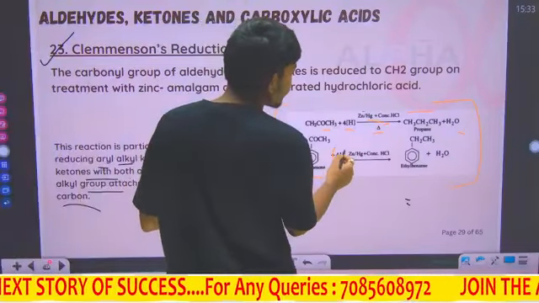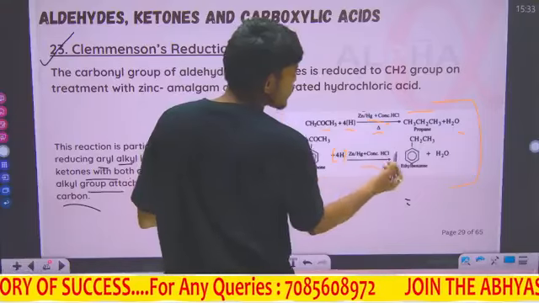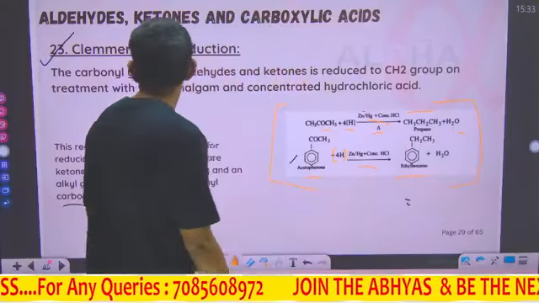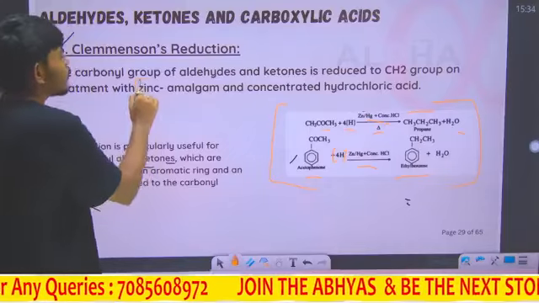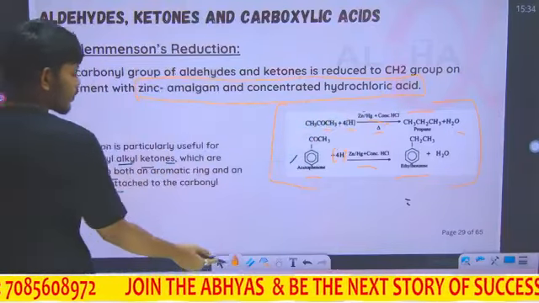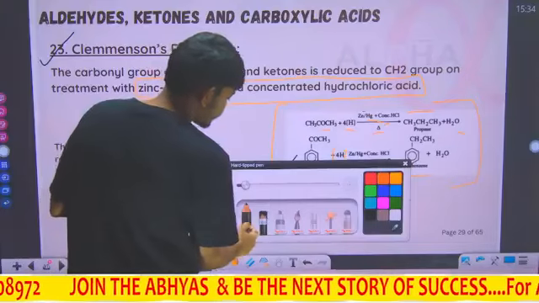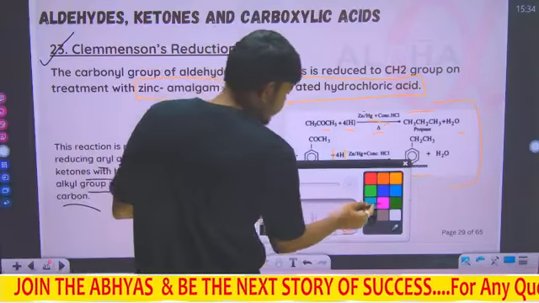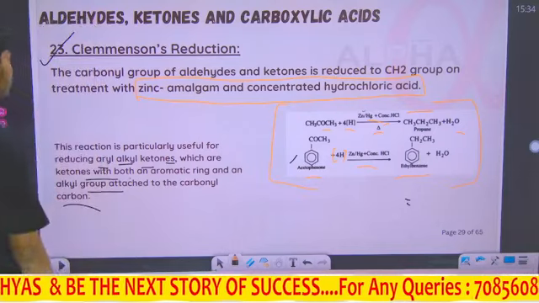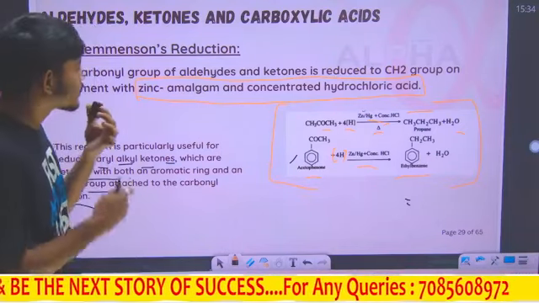Same, you are using zinc amalgam and concentrated HCl. So the CO group is converted to a CH2 group. Done, Clemmensen reduction.